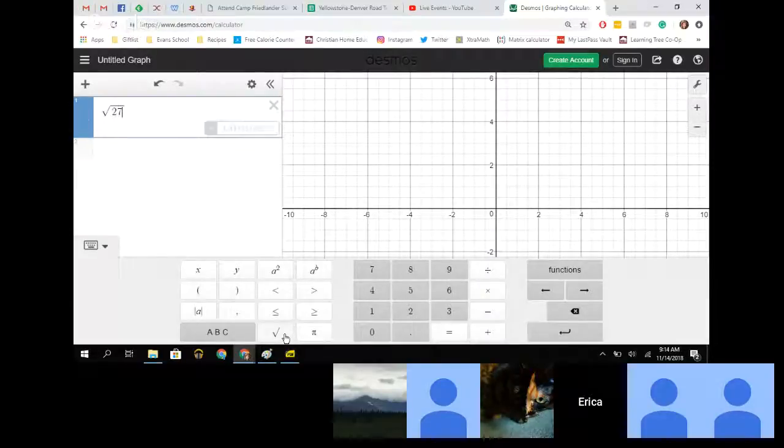The square root of 27, right? Or I do 3 times the square root of 3. They're the same decimal. They're the same number, right?